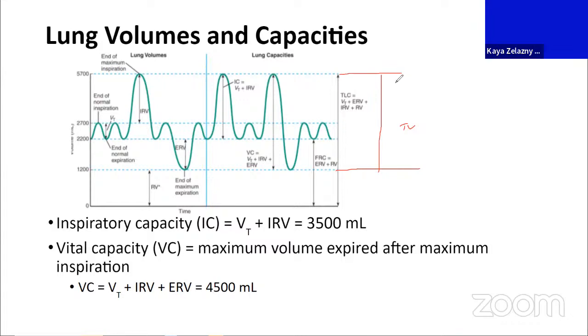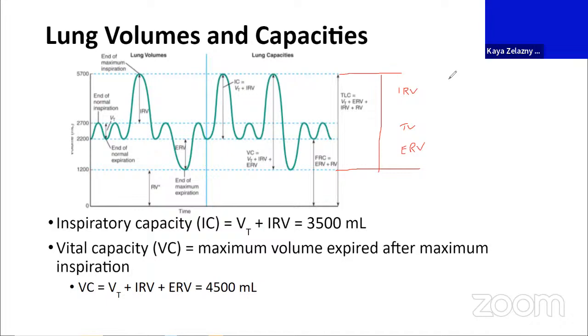Since we started at the top of a deep breath, we're also going to need that inspiratory reserve volume, okay? So those two things together were our inspiratory capacity. But we have to add in that deep breath out, so our expiratory reserve volume. And now we have that vital capacity.